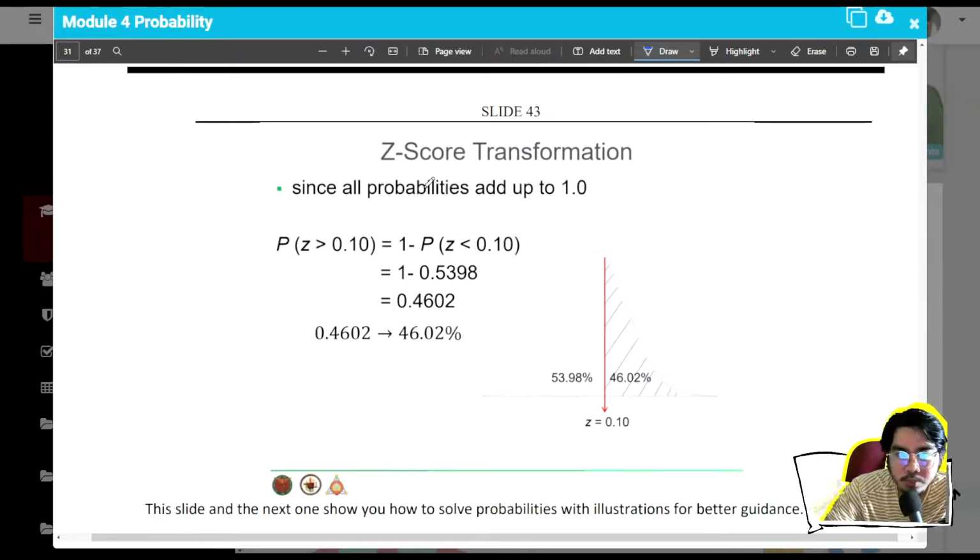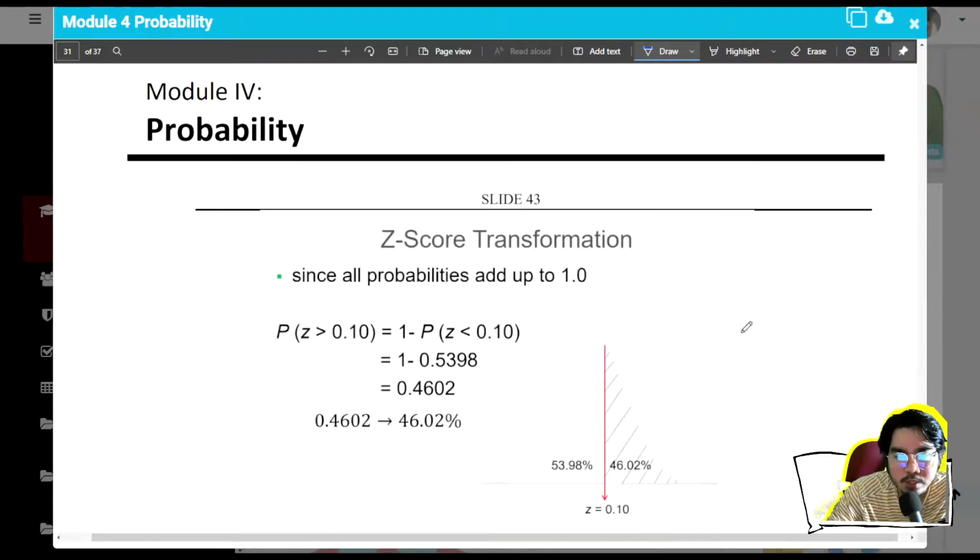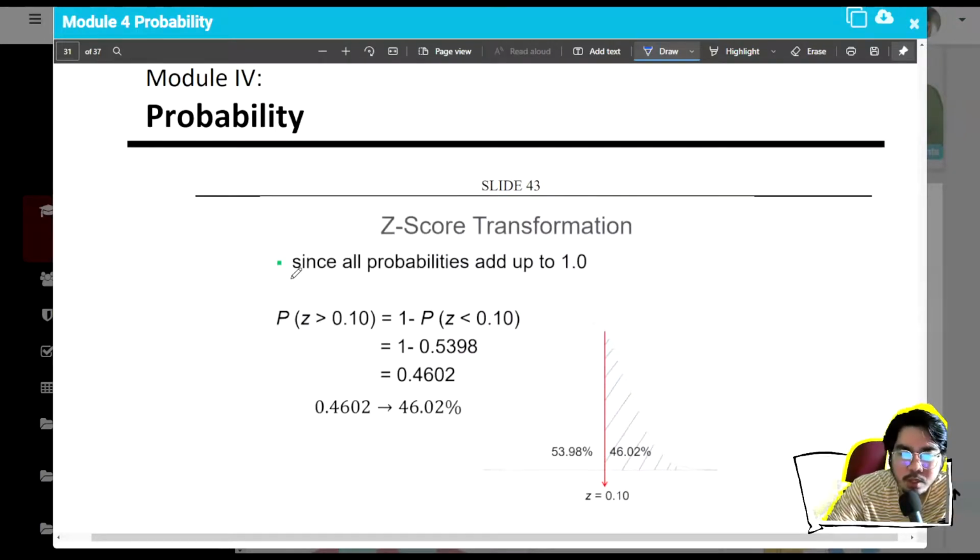So, here are some ways we can solve Z transformation problems. All probabilities add to 1, or 100%, because again, you have certainty if you take into account all of the possible outcomes. So here, if you were to solve for the probability that Z is greater than 0.1, that is also just 1 minus the probability that Z is less than 0.1.